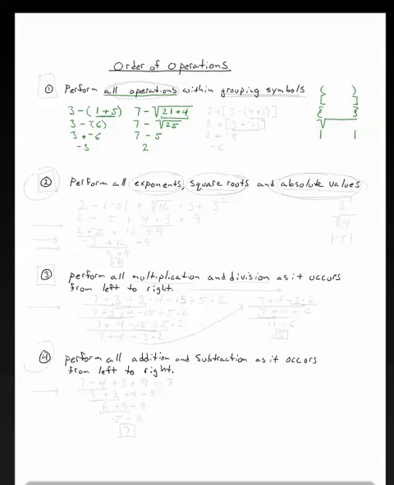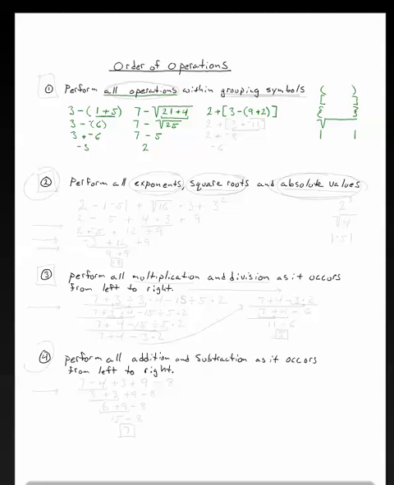The other thing you want to remember about grouping symbols is that they can be embedded. So I may have something like this: 2 plus bracket 3 minus parenthesis 9 plus 2 parenthesis bracket.